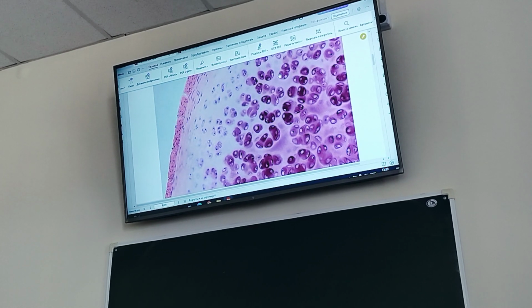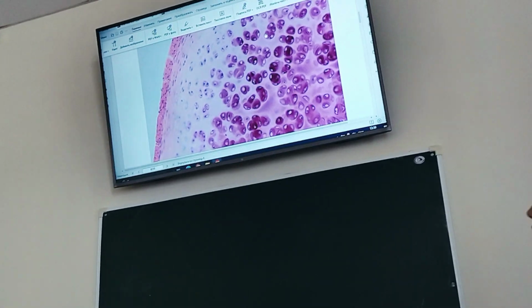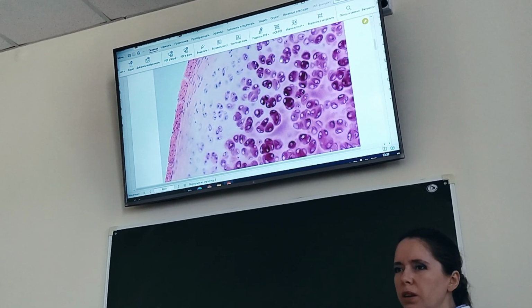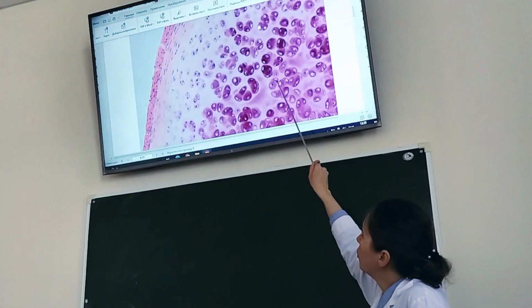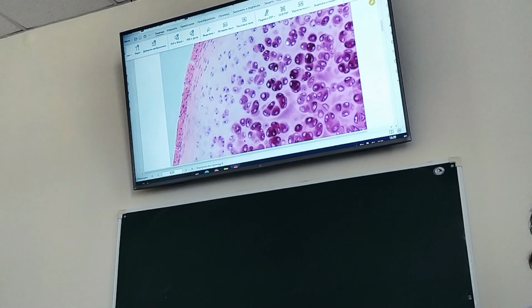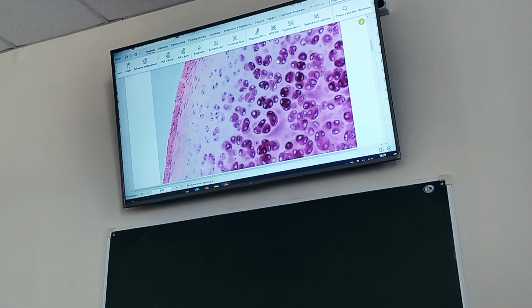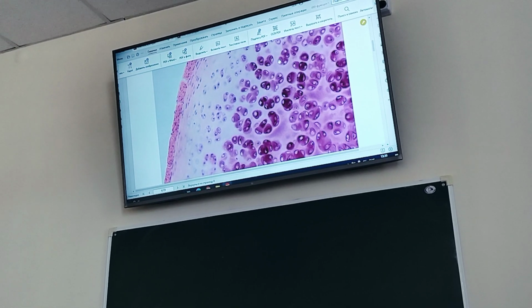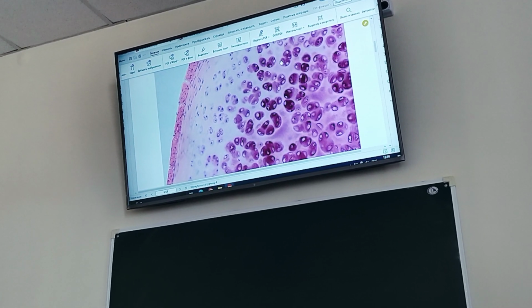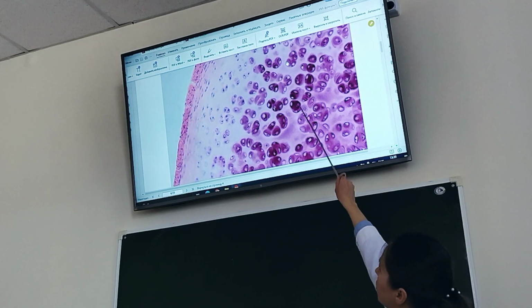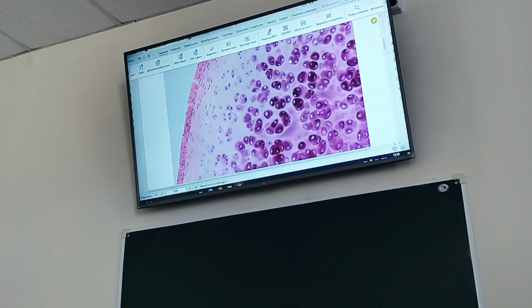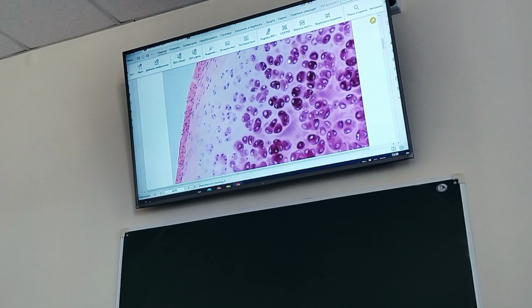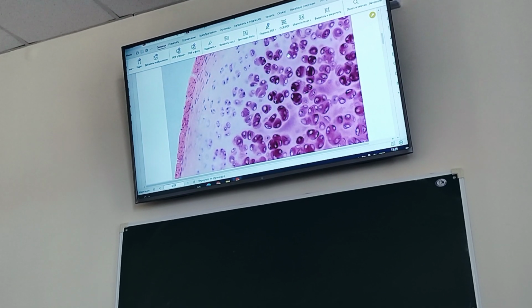If they are organized in groups of three, four, generally three to five, each group occupies its own lacuna within the matrix. This lacuna is immediately surrounded by dark violet, dark basophilic matrix, known as territorial matrix.